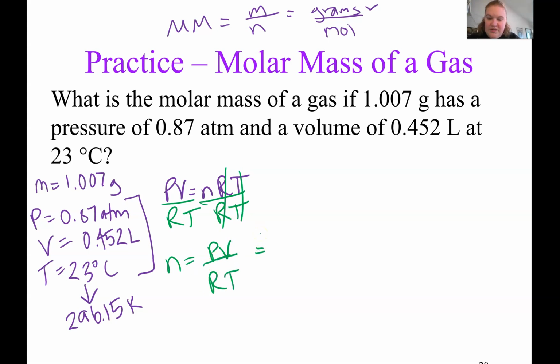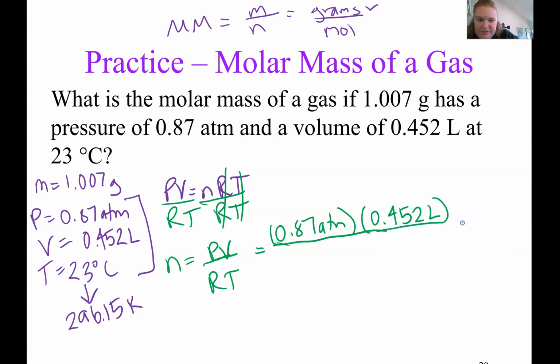So the number of moles is equal to pressure times volume over R times T. So pressure is 0.87 atmospheres, volume 0.452 liters, R is our constant, 0.0821 liters atmospheres over mole Kelvin, and times the temperature.